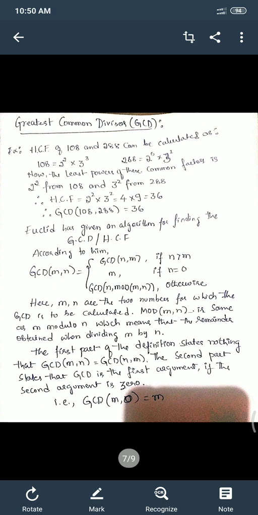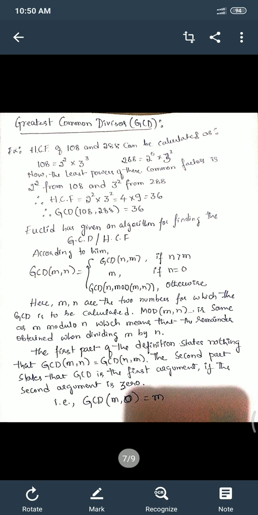The highest common factor of 2 or more numbers is the greatest number that divides each one of them exactly. See, what is this HCF? It is nothing but the greatest number that divides each one of them exactly.